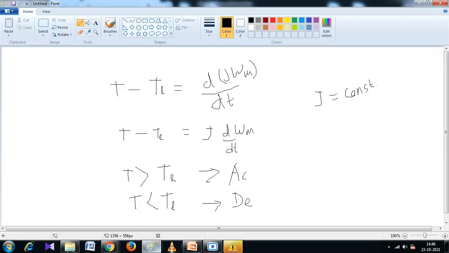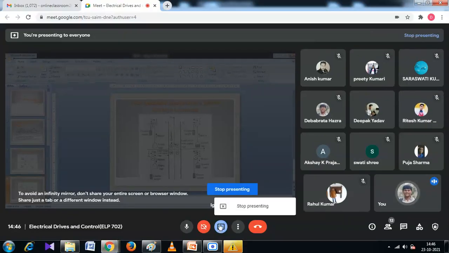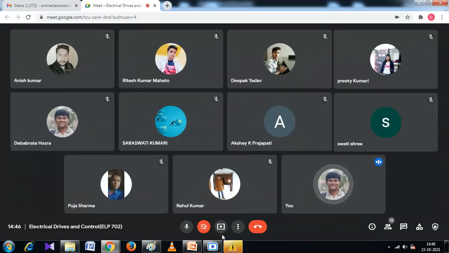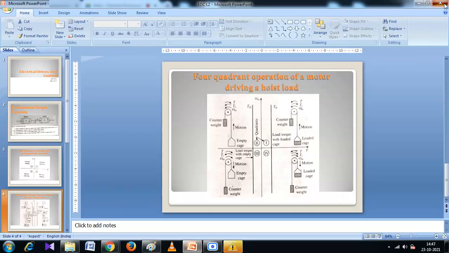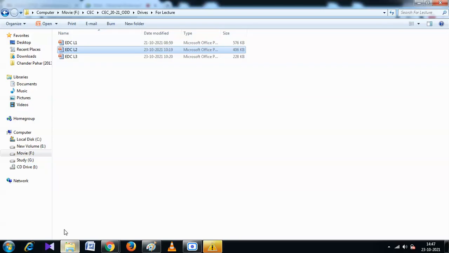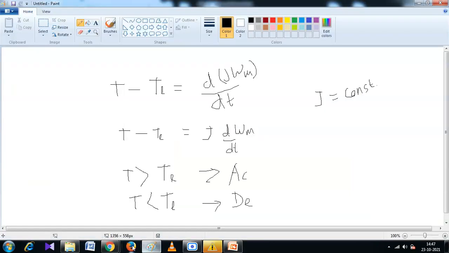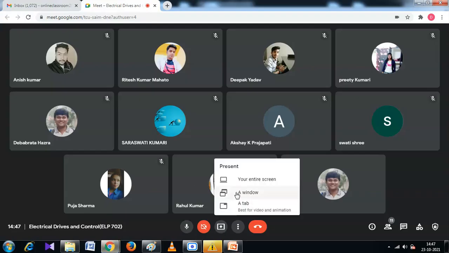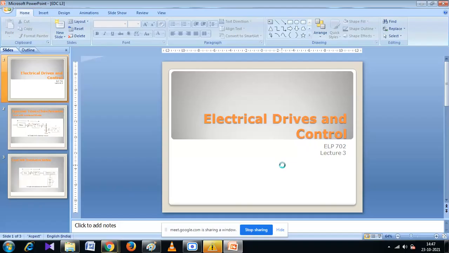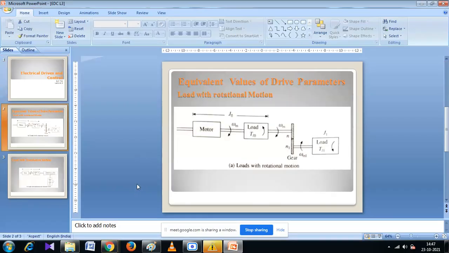Now we move into the next topic. Our next topic is equivalent values of drive parameters with load in rotational motion.